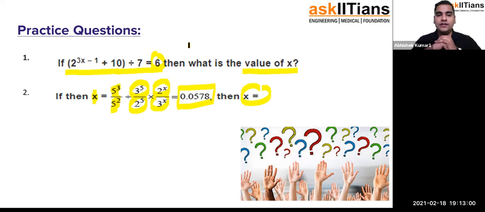The second thing we learned is how to deal with negative powers, or negative exponents, and how we can convert them into positive powers. The third thing we learned is what are the rules of exponent. And more important than that, we learned how we can use those rules of exponent to make things easy for us, because that's what matters. We did problems based on each of them, and I hope you understood all of them.